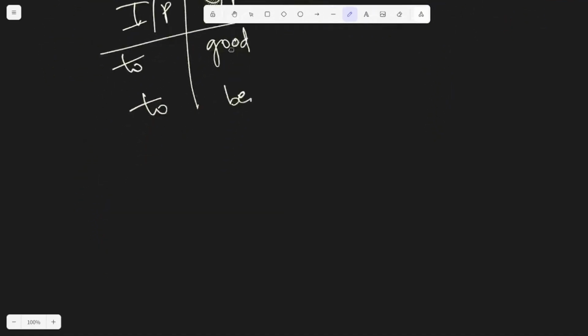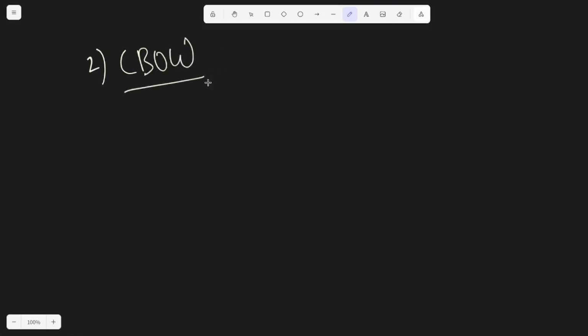We'll go on to understand the continuous bag of words. Now continuous bag of words is quite opposite to the way Skipgram works. Continuous bag of words really gives you the context and asks the neural network to predict the target word itself. So let's again understand it by going through an example.